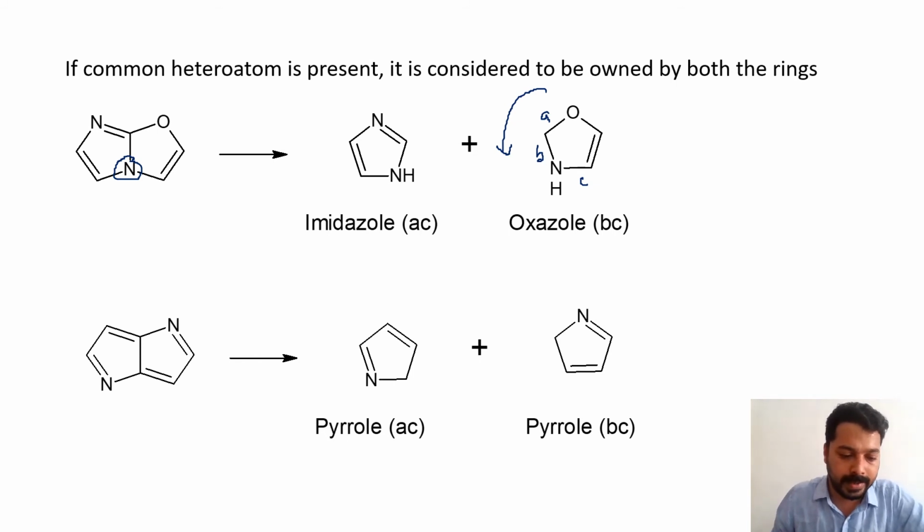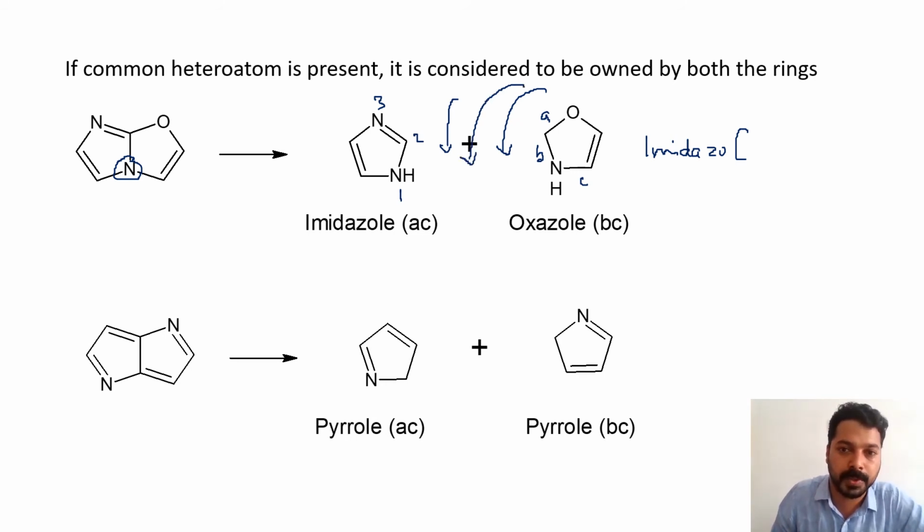Next, this one, because the indicated hydrogen should get the lowest number, so it is 1. It is 2, it is 3. So the attached component is imidazole. Since it is moving in this direction, you can say that it is not 1 2, because it will be 2 1, because the direction of ABC is in this direction.